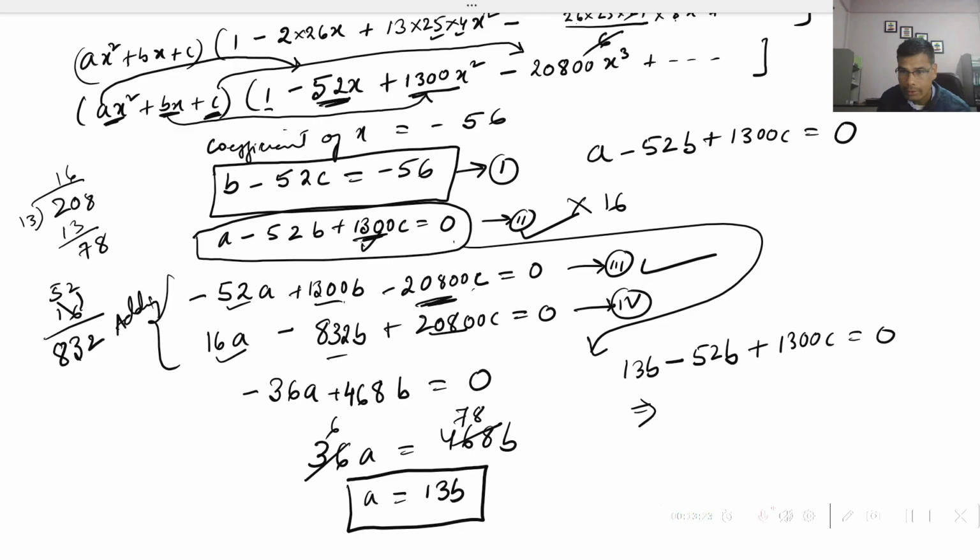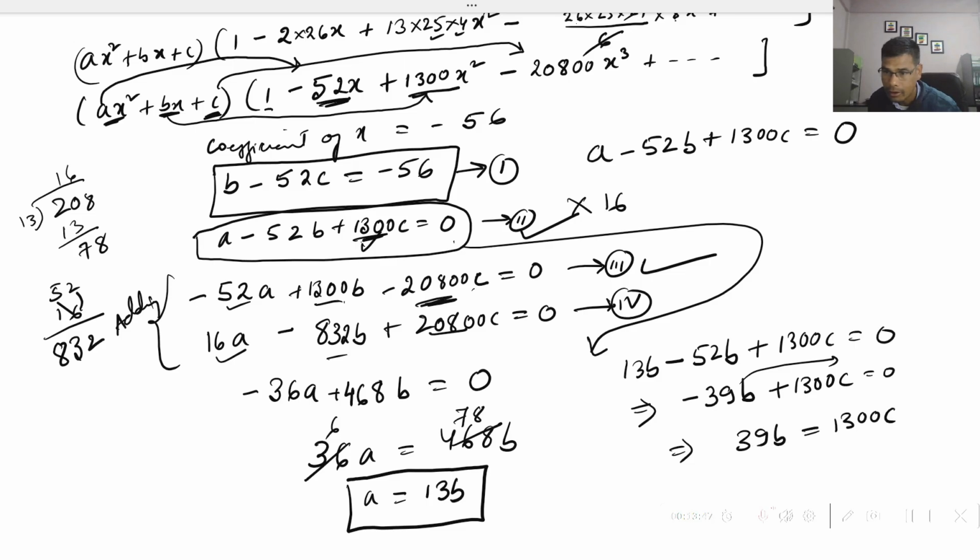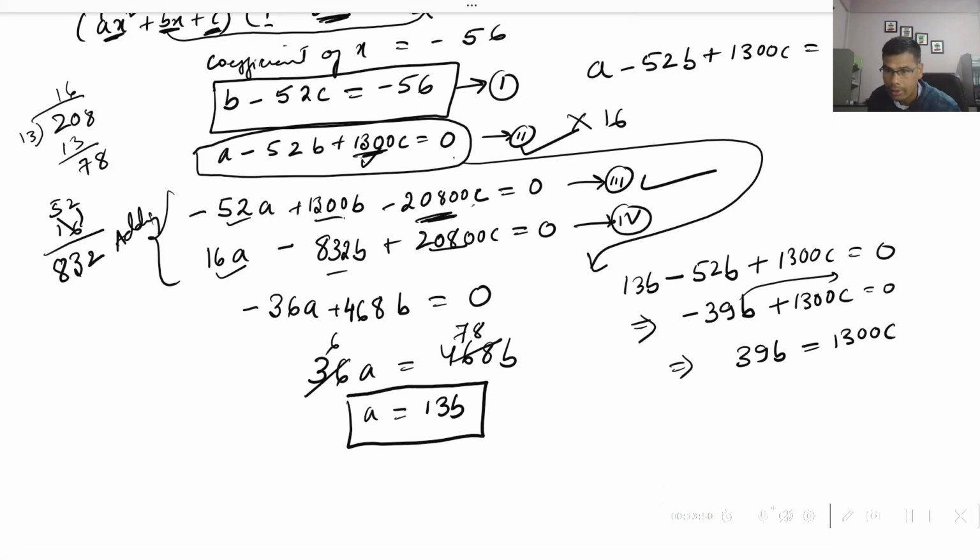From here, this will be minus 39b plus 1300c equal to 0, which implies 39b is equal to 1300c. Now we can see clearly 13 is a common factor, 13 into 100, 13 into 3, so we get 3b is equal to 100c.